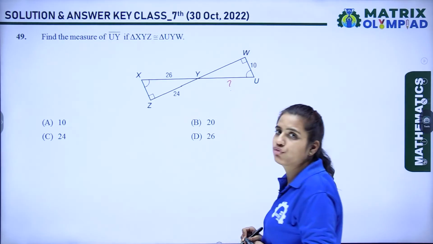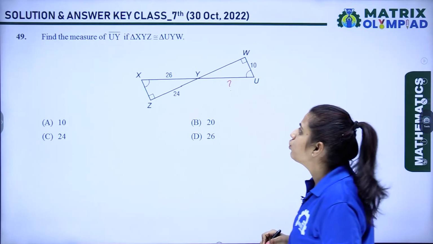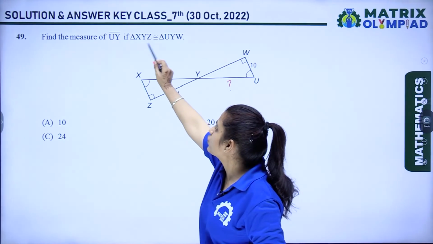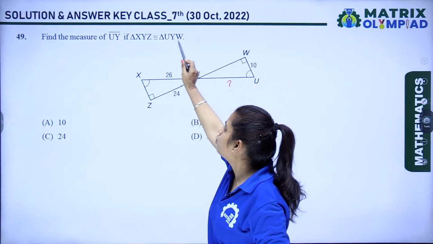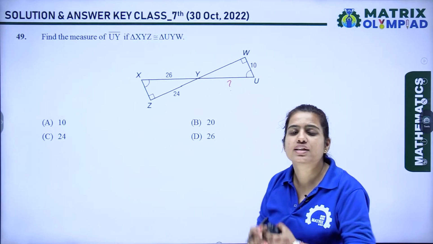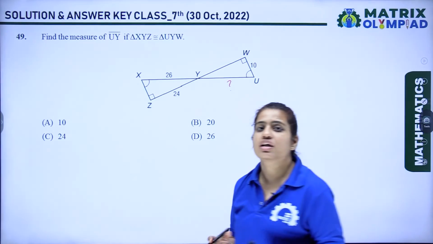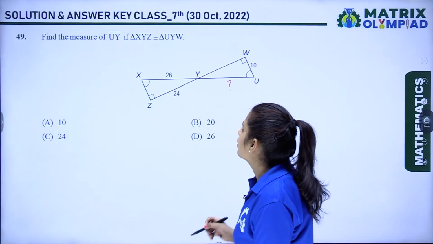Now, in the question it is given that two triangles, XYZ and UYW, are congruent, and if these two triangles are congruent, then we can say that each side and each angle of these triangles are equal.